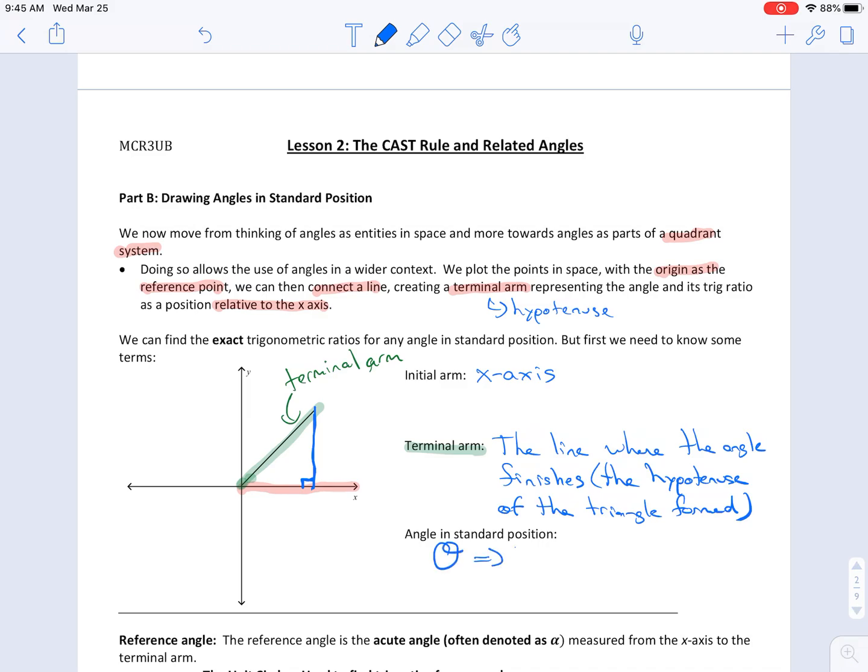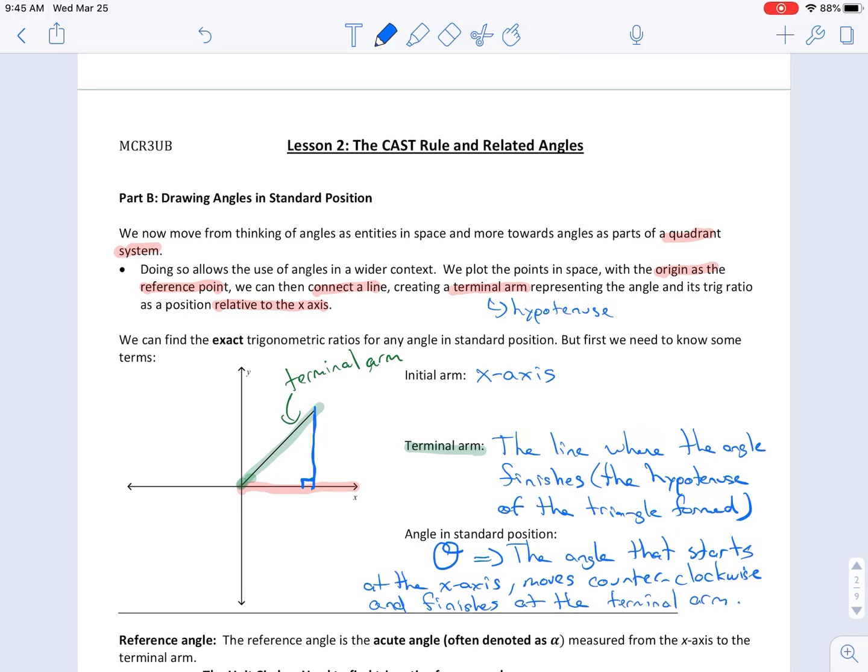Theta is the angle that starts at the x-axis, or the initial arm, and then moves counterclockwise and finishes at the terminal arm. So from here to here would be my theta.